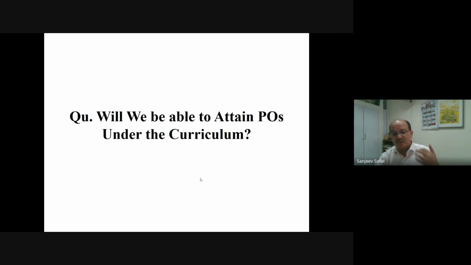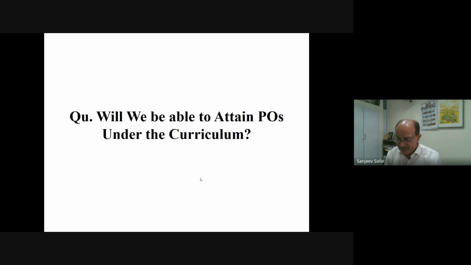Now, my first question for every curriculum development is: will I be able to attain all the POs under the curriculum? Let's say NBA or these bodies have defined this. There are 20, A to K, which we call the program outcomes. Once I think of designing a curriculum, I have to think whether all those POs have been attained, and how they will be attained.